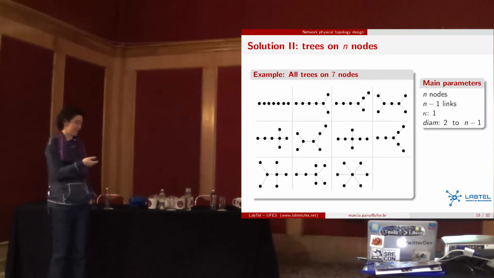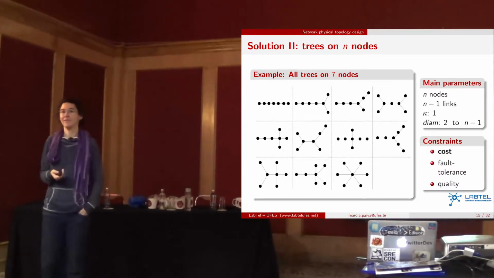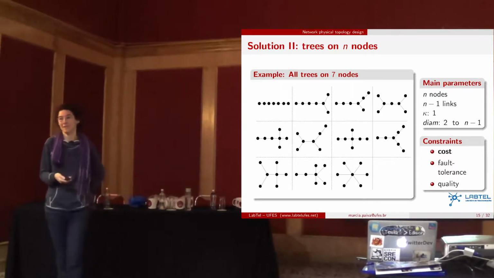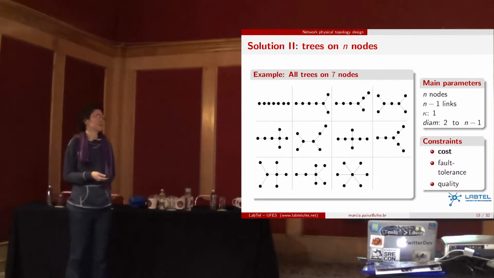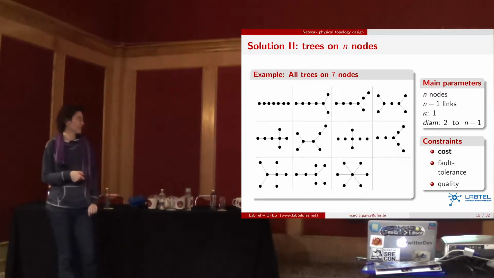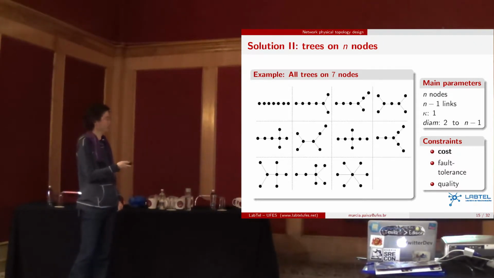But here, of course, the problem is fault tolerance. Every tree can become disconnected by removing a single node or a single link. So it does not satisfy the requirement of fault tolerance. But it does for quality because, with the same number of links, we can choose the diameter.